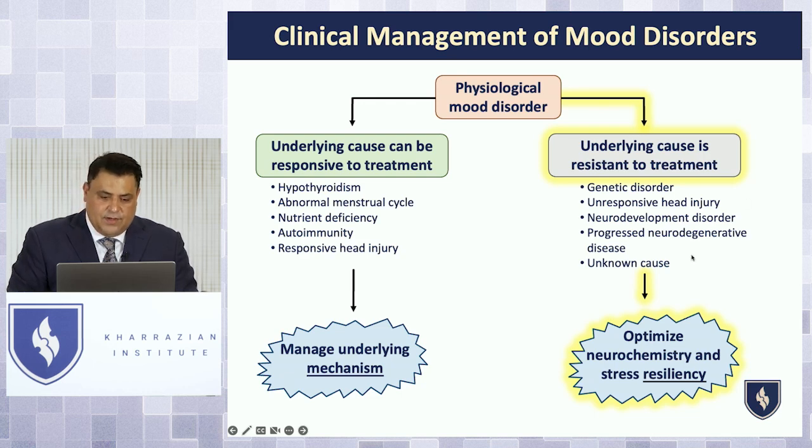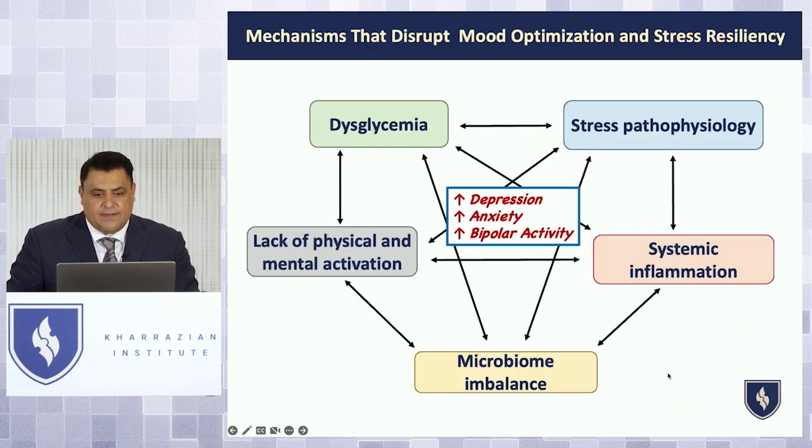Even in those cases where these factors are there, you can obviously optimize their neurochemistry and the stress resiliency. And we're going to talk about that a lot. These are the main things that disrupt mood and stress resiliency. So if you have someone who's got a blood sugar issue, a lot of stress, a sedentary lifestyle, inflammation, or microbiome imbalance, they're more prone to have the same trigger cause depression or anxiety or flip to bipolar than someone who doesn't have these dysfunctions or mechanisms involved.